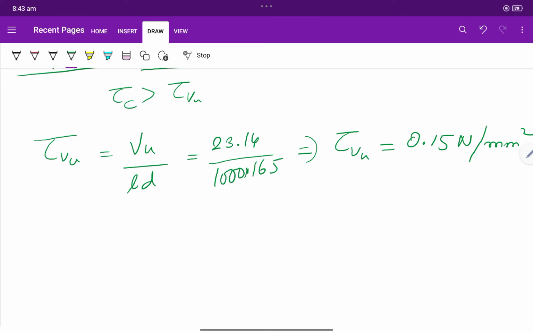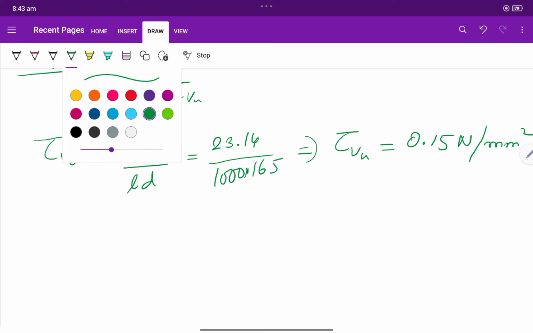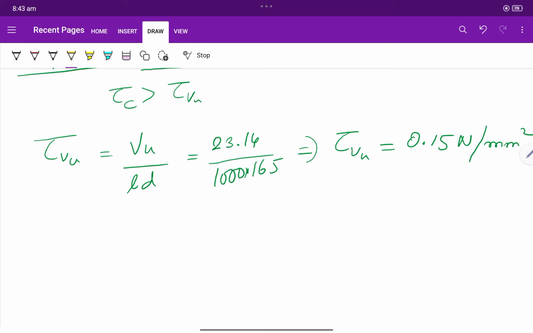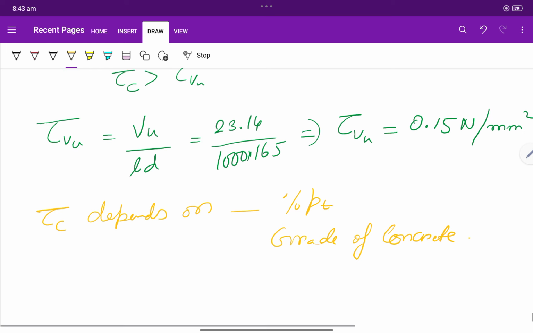Now we will calculate the value of tc. The design shear stress depends on percentage of steel and grade of concrete. So we have to calculate first the percentage of steel.